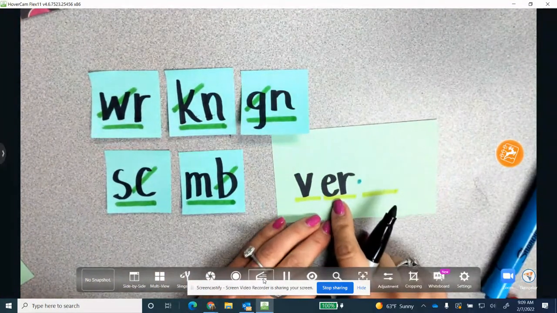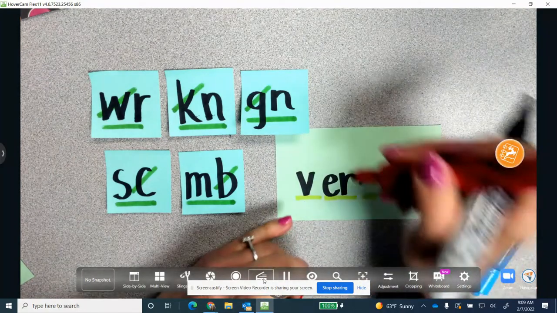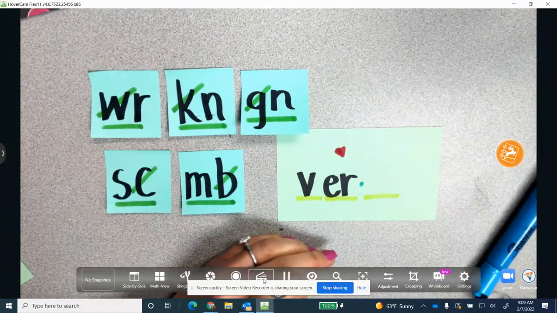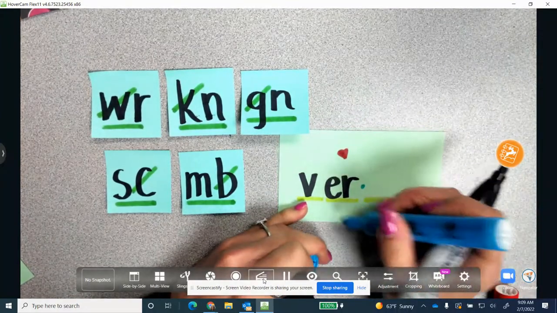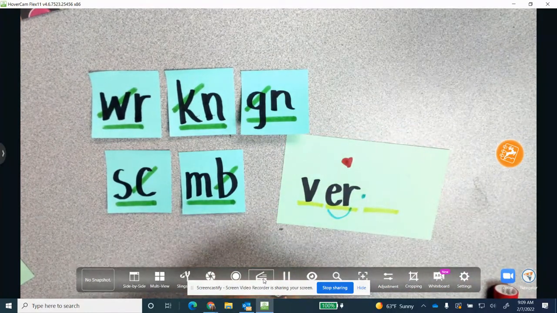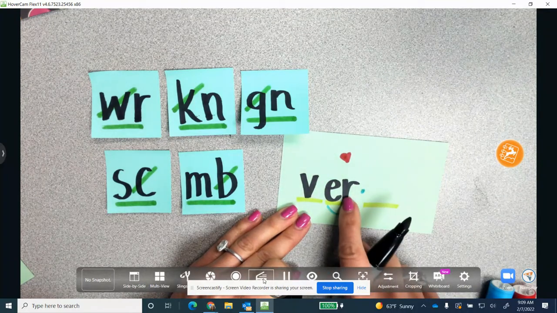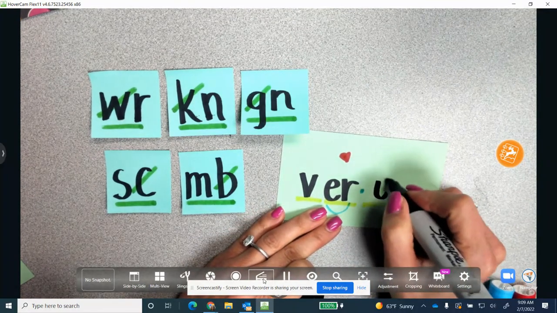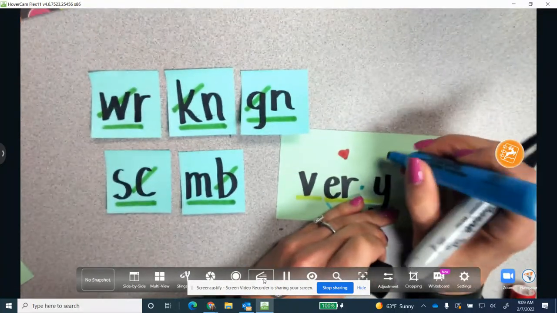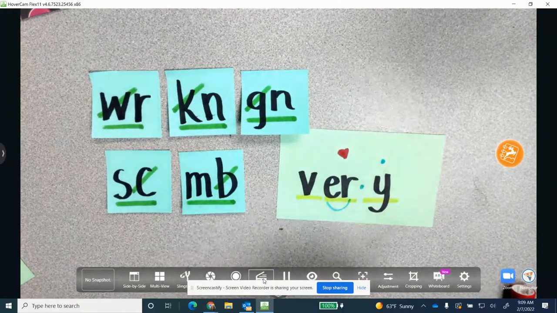Okay, this is saying air. Normally it says er but in this case it's going to say air. I'm going to put a heart here. Okay. And we code this with an arc because this R is bossy. We cannot separate the vowel from the R. And at the end of the word, sometimes we use a Y for the E sound. Very.